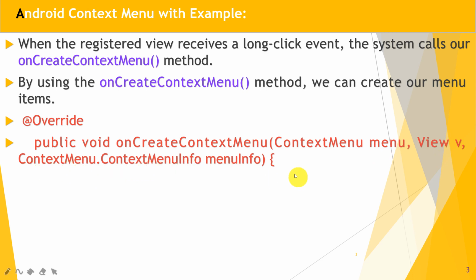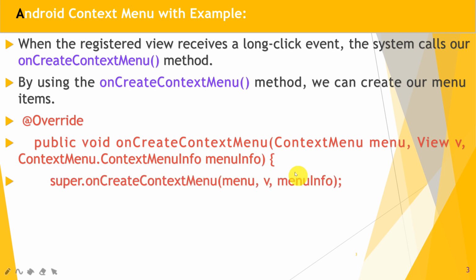So using super.onCreateContextMenu, we first call the superclass method of that particular activity, passing menu, view as v, and menuInfo as the ContextMenuInfo reference.